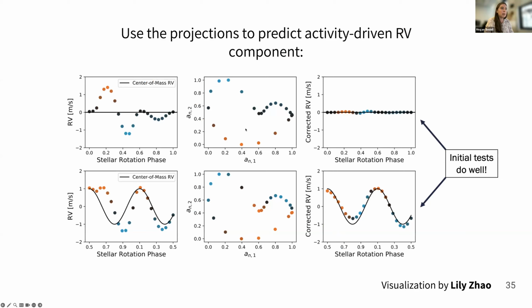And then we can subtract those off from the radial velocities, or jointly model those indicators and a Keplerian model in order to get corrected radial velocities. So this is a pretty simplified version of the model using this mockup, but it does quite well in our tests and is even able to preserve a planet signal in the face of this.